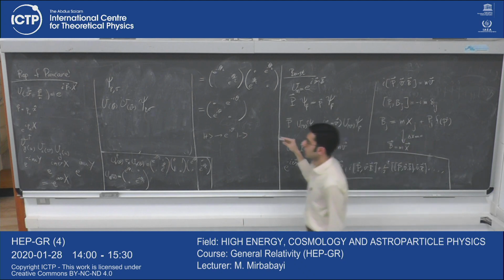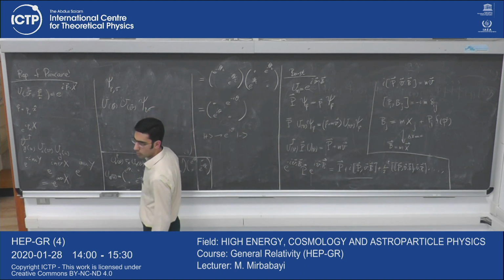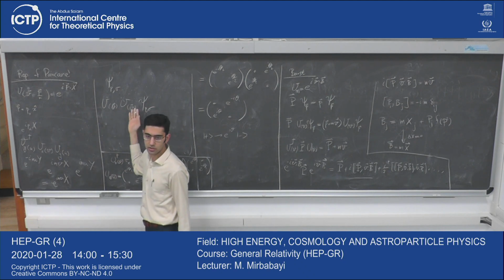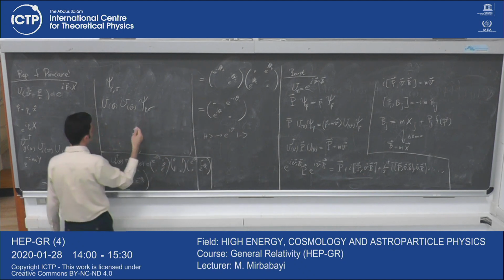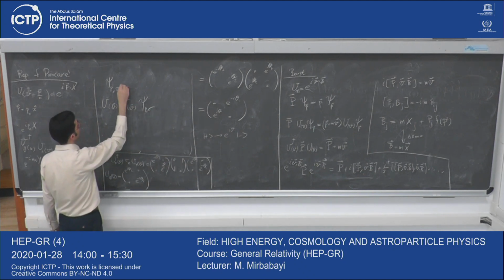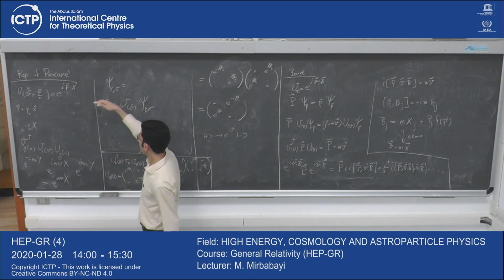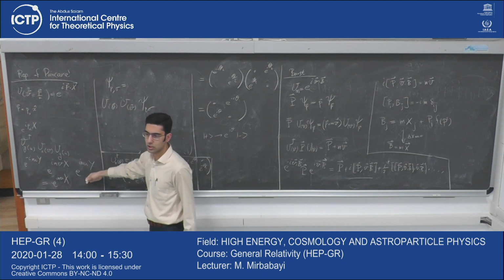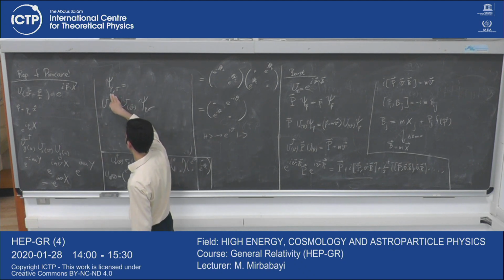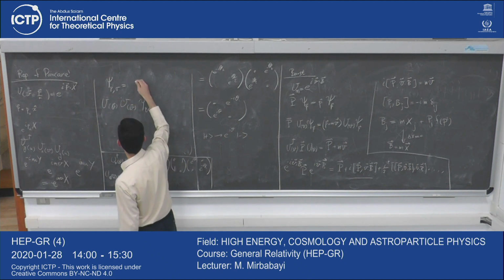So psi of p and sigma is supposed to be a particle with some momentum and some spin, and I want to understand how it transforms when I act by these transformations. The psi of p and sigma, we can write it as the action of a boost, and as we saw here, there is a unique boost that takes it from the rest to this momentum.